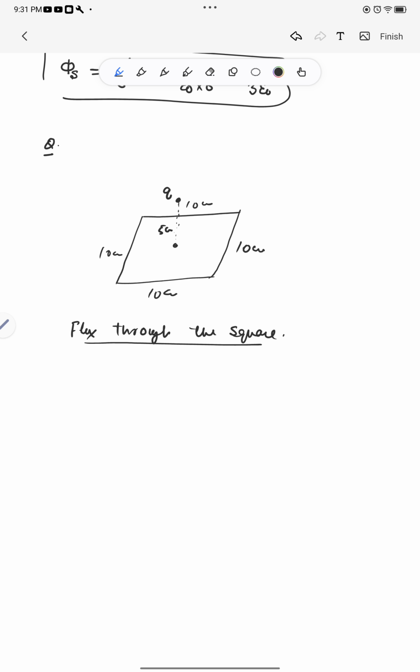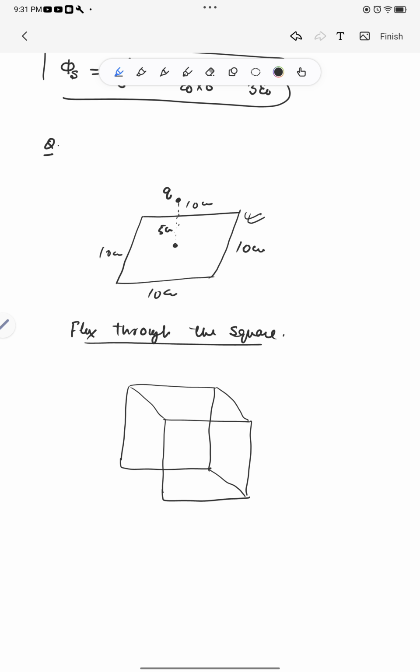So how can we draw the Gaussian surface? We can draw it like this. As the given surface is a square, we can draw the Gaussian surface like a cube. This is, let's say, the Gaussian surface, and the given square is, let's say, this.